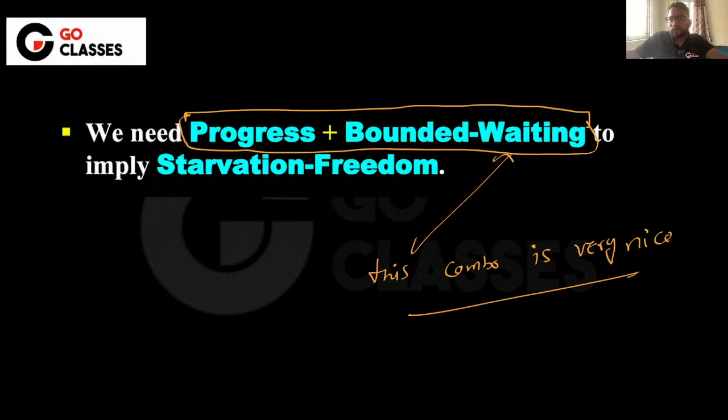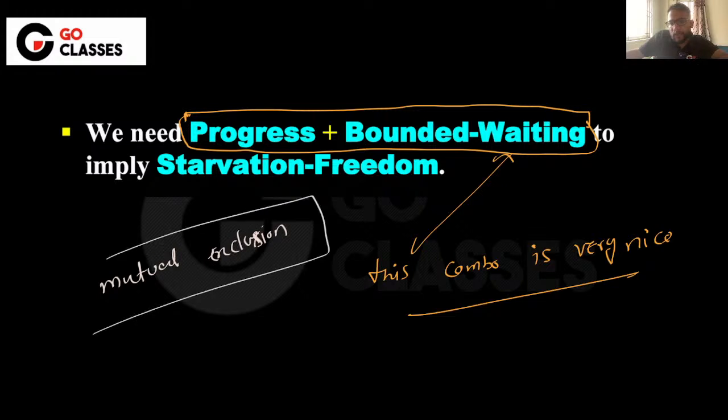Deeptansu, is there any doubt here? I hope you understood, right? So now, on top of this, there is one more condition we add, which is mutual exclusion. If we add this condition on top of these two conditions, it is extremely nice.